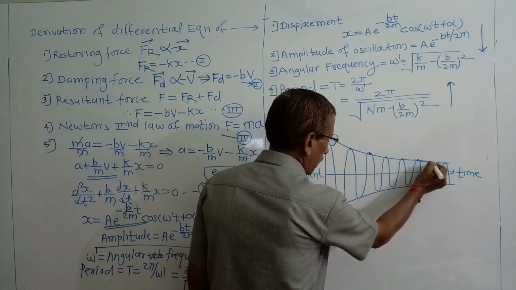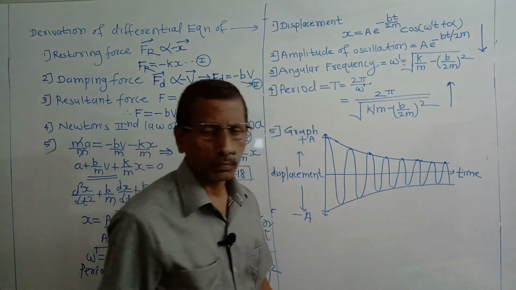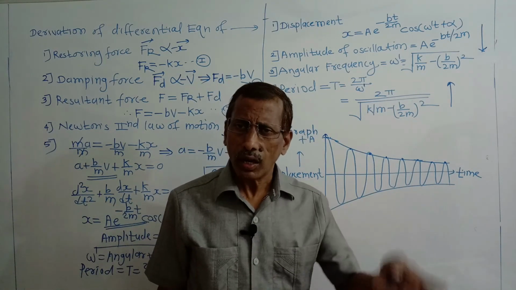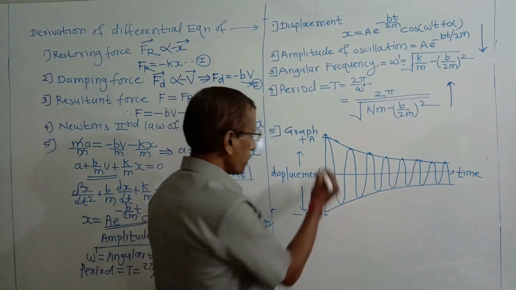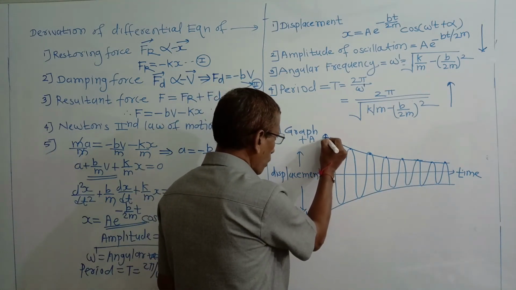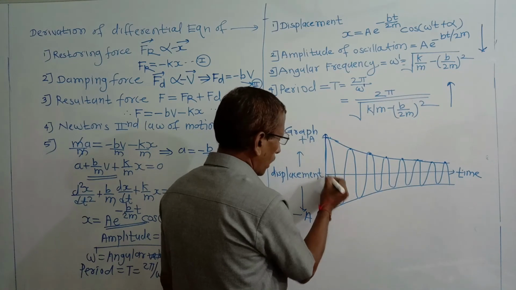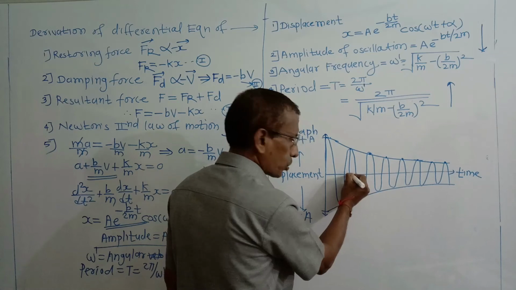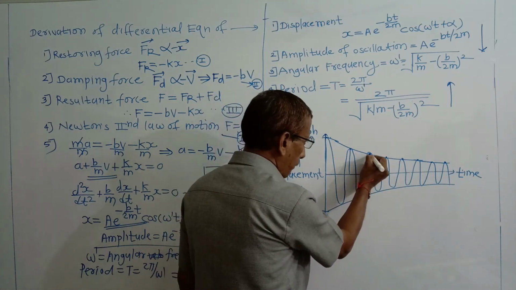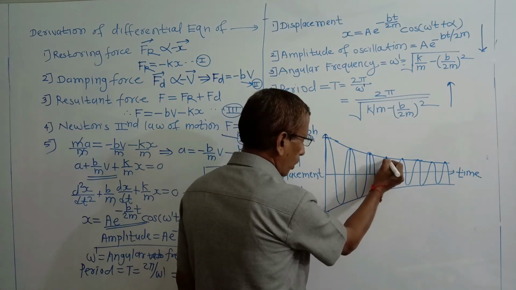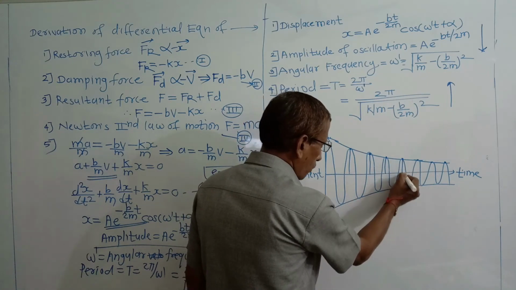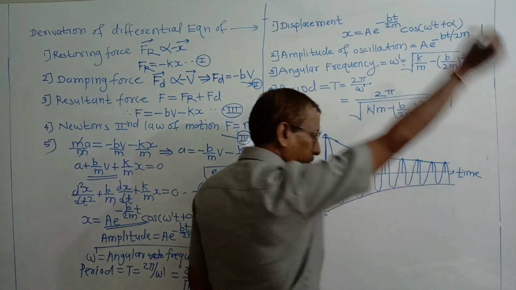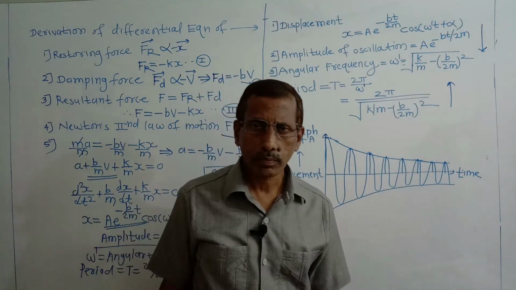Let us consider the amplitude on the vertical y-axis, in the upward direction. So here this is the amplitude of oscillation. After some time the amplitude of oscillation becomes small, again it becomes small, like this, and it becomes 0 after a long time.